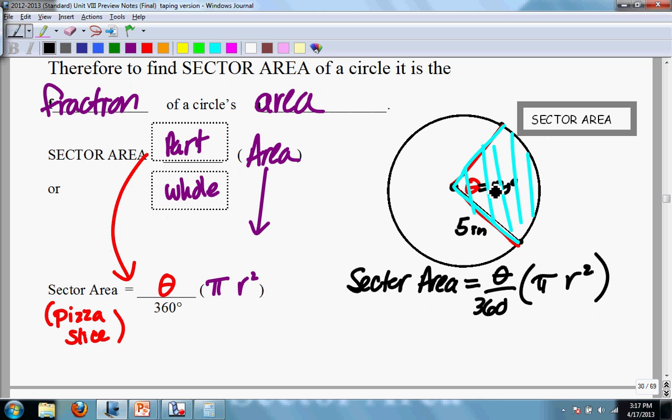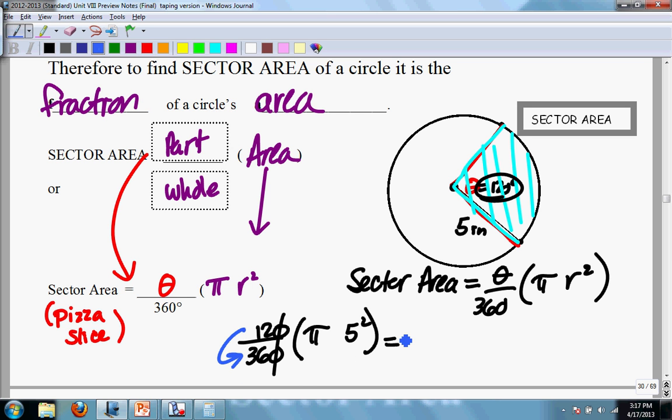So that's 120 over 360 times pi times 5 squared. I'm going to cancel the zeros, so I have 1/3 pi times 25. My sector area is 25 over 3 pi inches squared.